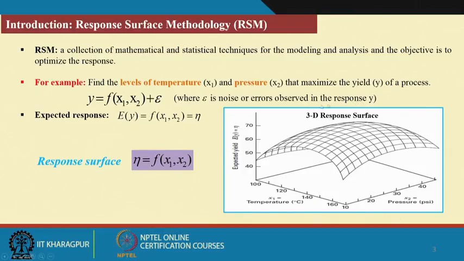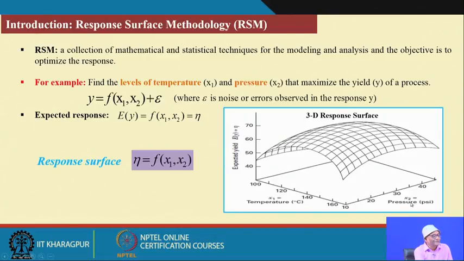Here I have given you a surface. If you carefully look at this, you see that there are two process variables, temperature, denoted by x1, and pressure, denoted by x2. They vary within a certain range.